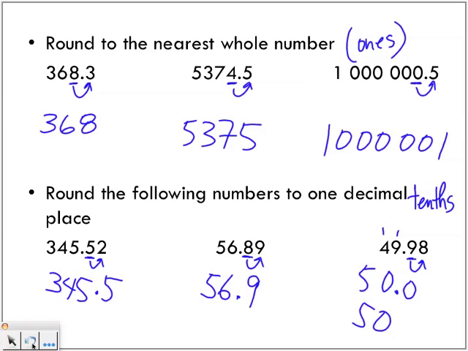But with 50, there's no 1 decimal place. You still want to show 1 decimal place, even though you're showing it with the number 0, the 0.0. Okay? So this is correct. That is not. Okay? It is, but I want you to still show it. If you're asked to show 1 decimal place, throw in the 0.0.